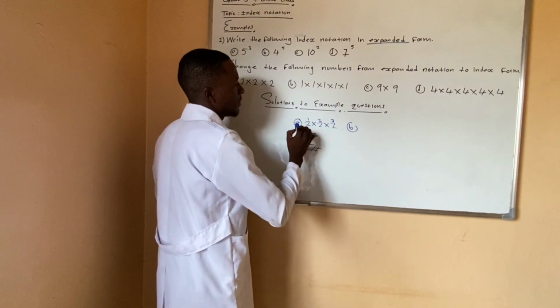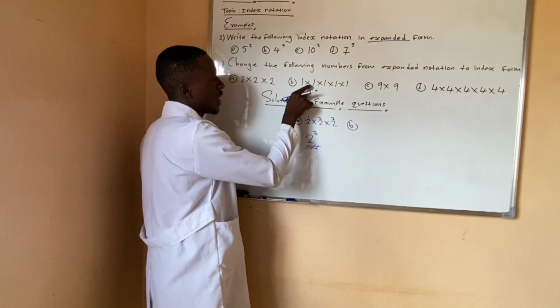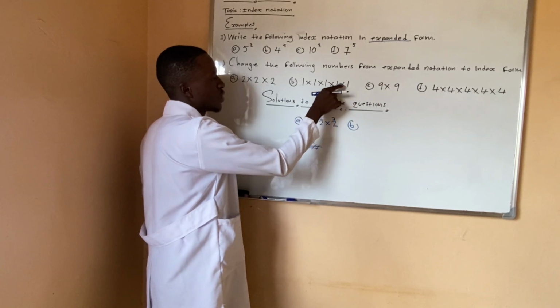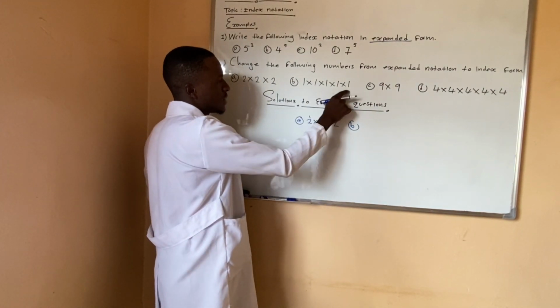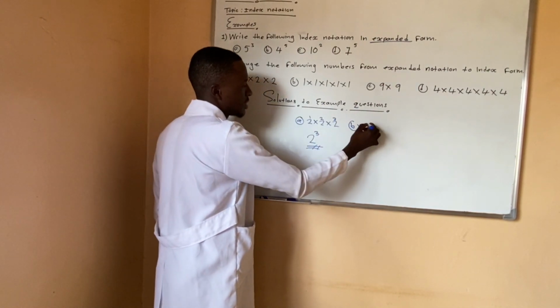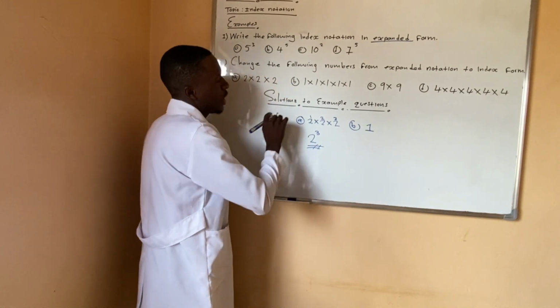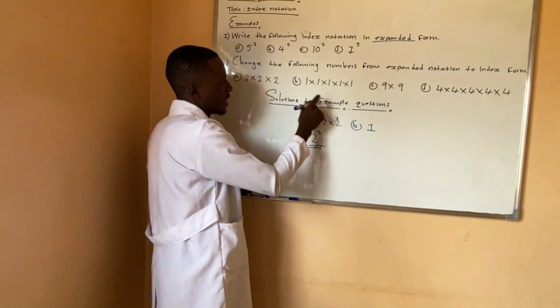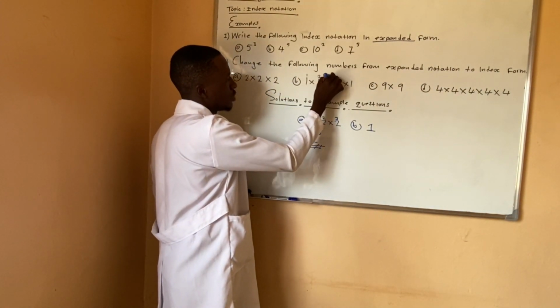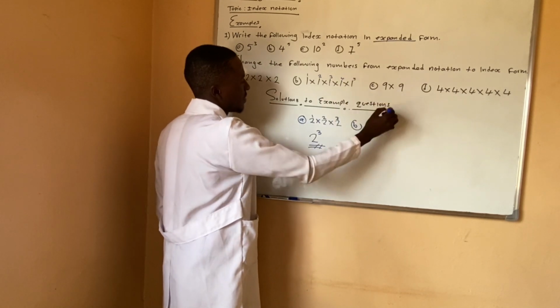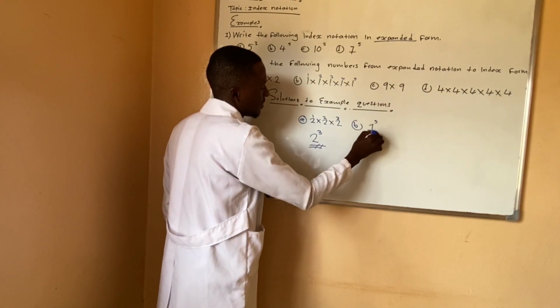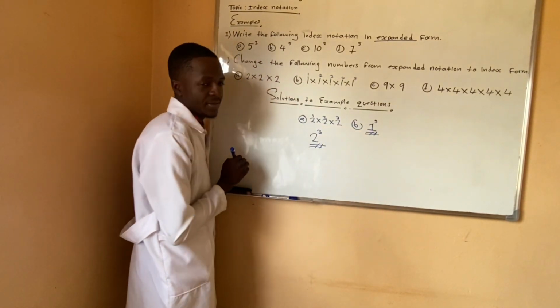I move to B. In B, I have 1 times 1 times 1 times 1 times 1. What base is appearing several times? It's 1. How many times did the same base appear? 1, 2, 3, 4, and 5. Then I'll add power 5. Then I'm done.